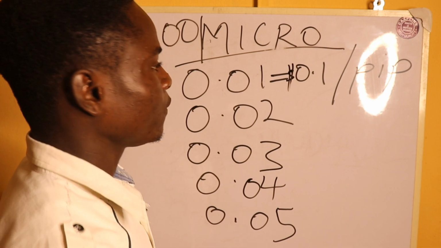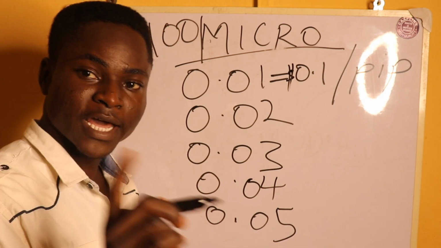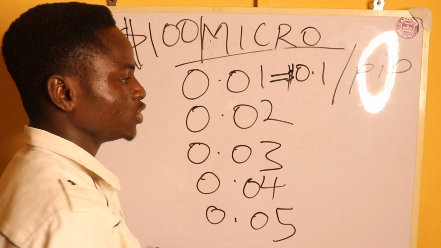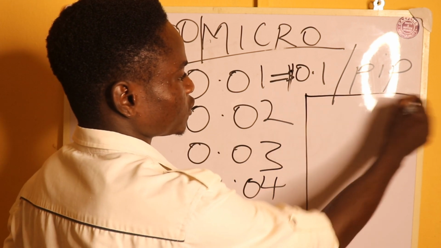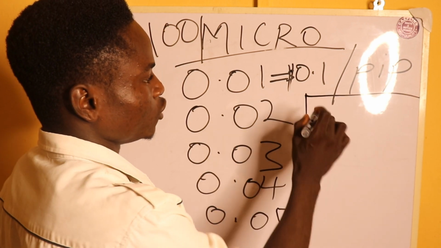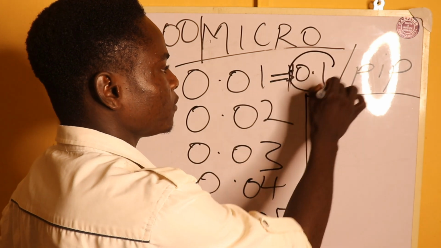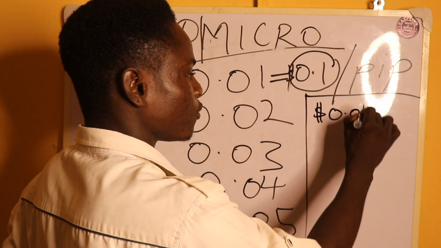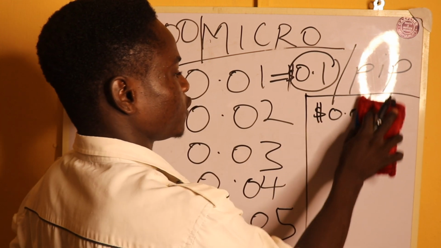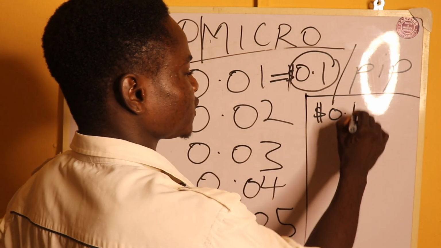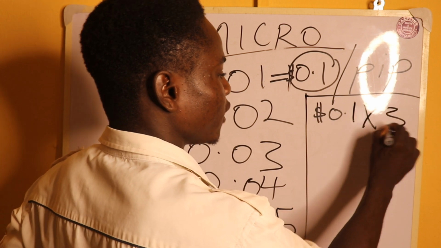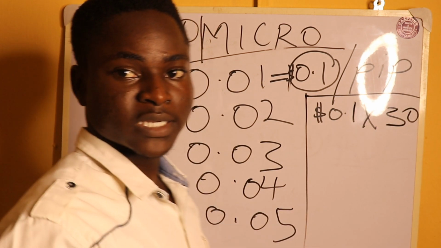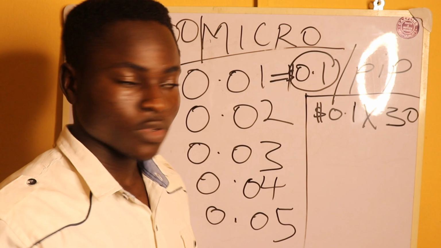So if the market makes a move of 30 pips, what you're supposed to do is multiply this number, 0.1 cents, by 30 if you make 30 pips in the market.